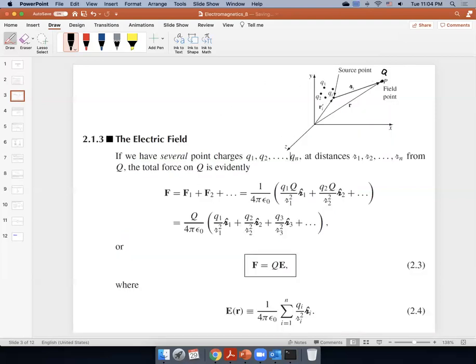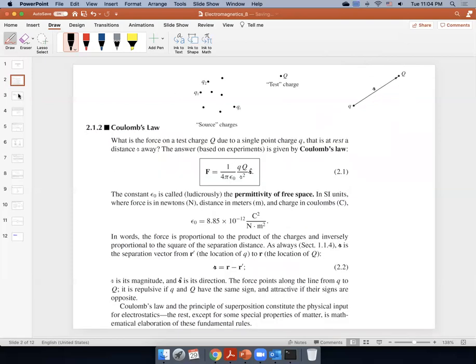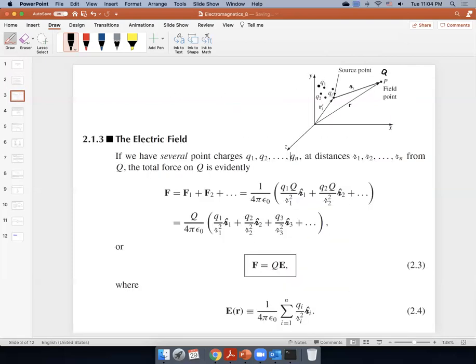You can also calculate the force between Q and Q2, based on Coulomb's law. Each point charge Q1, Q2 until Qi generates a force on the test charge capital Q, and the forces are F1, F2, until Fi.